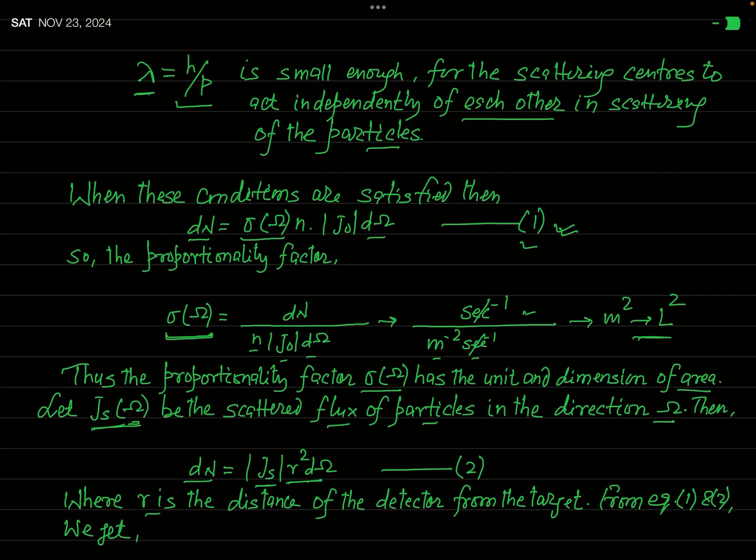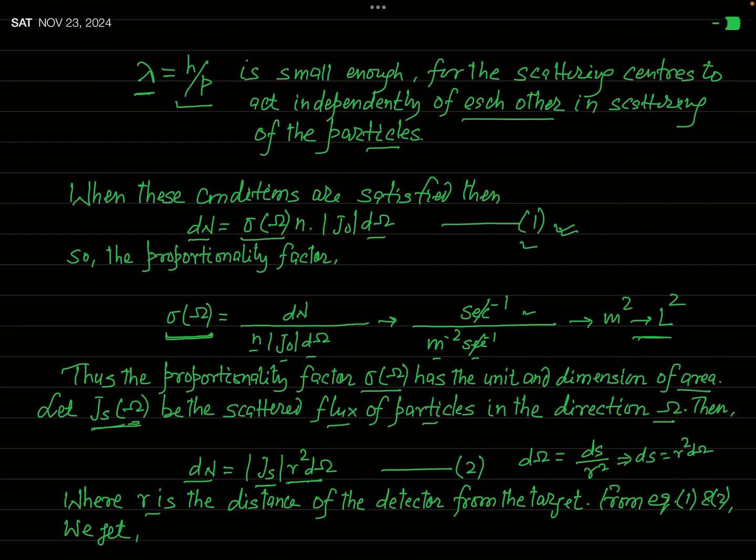You know d omega is equal to ds by r square. So ds will be equal to r square times d omega.